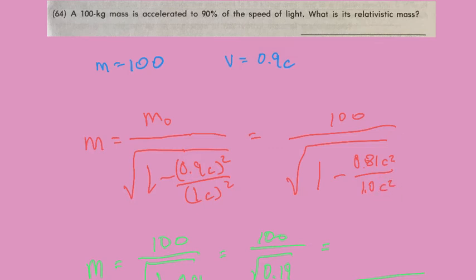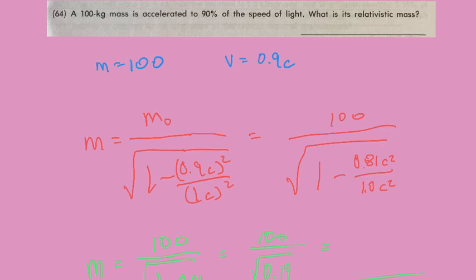So notice what happens here. We have c squared divided by c squared. So that just cancels out, okay? So that cancels. 0.81 divided by 1 is just 0.81. So we now have 100 over the square root of 1 minus 0.81, which, duh, that's 0.19.